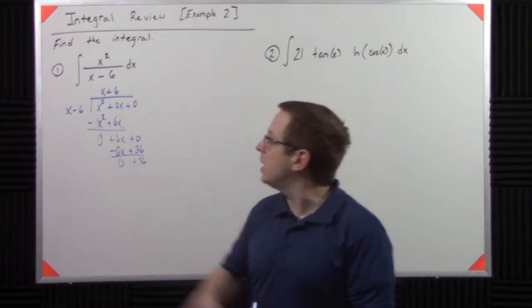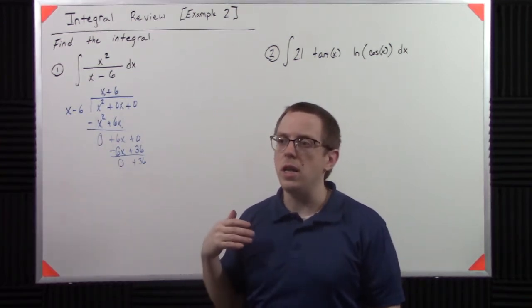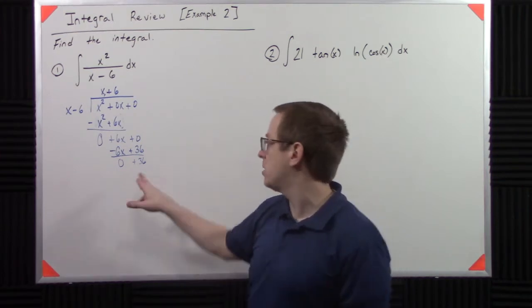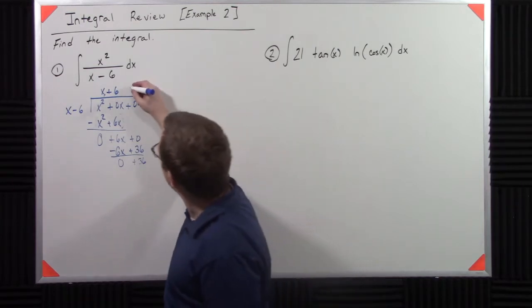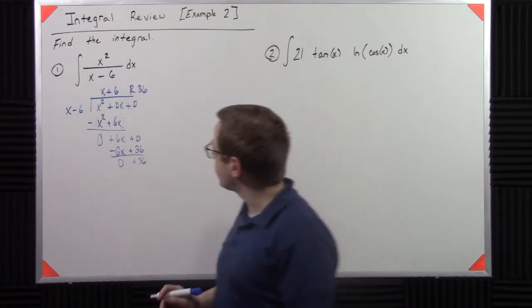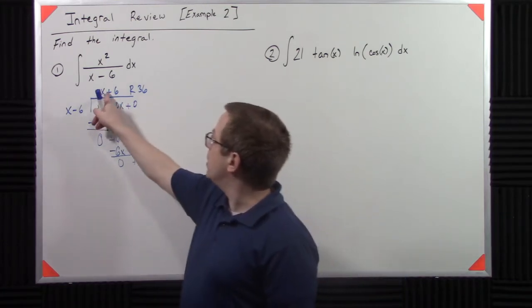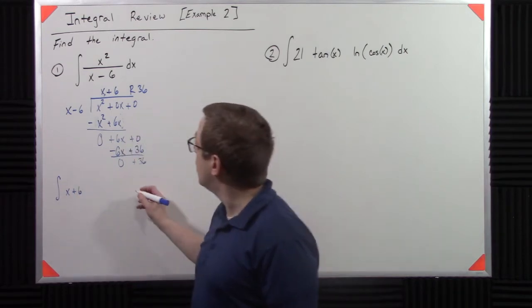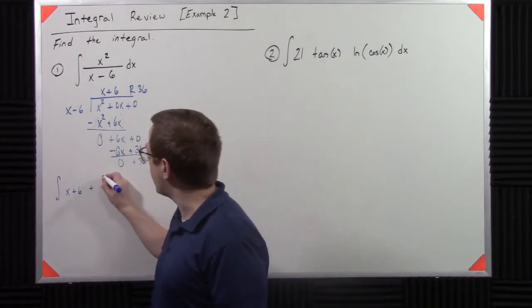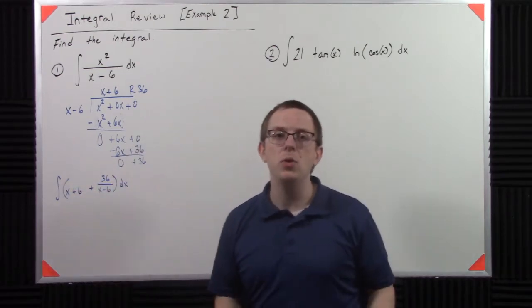Now the problem is, I can't multiply any positive powers of x by anything to get this, so this becomes my remainder. Because that's a remainder of 36, this now becomes the integral of x plus 6 plus 36 over x minus 6 dx. So that's how you get that.